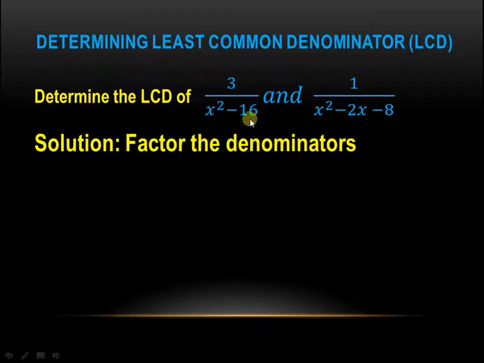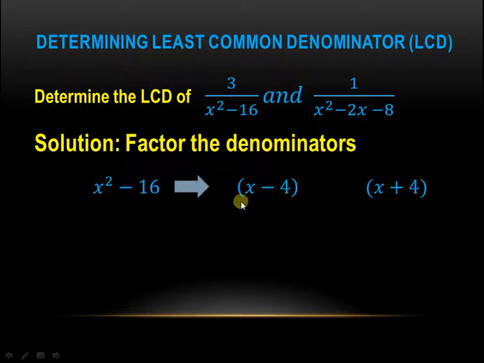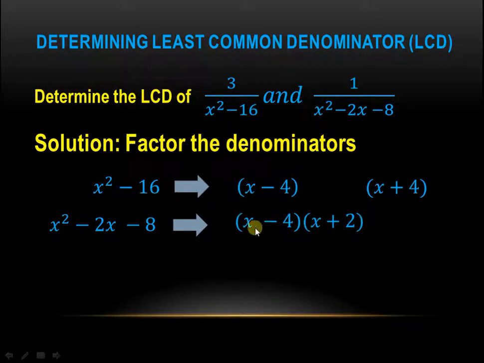So the technique we're going to use is to factor the denominators. So the factors of x squared minus 16 will be x minus 4 times x plus 4. While the factors of x squared minus 2x minus 8 will be x minus 4 times x plus 2.